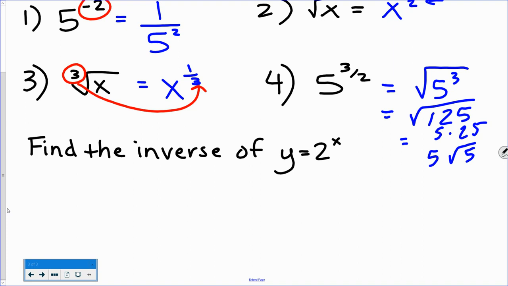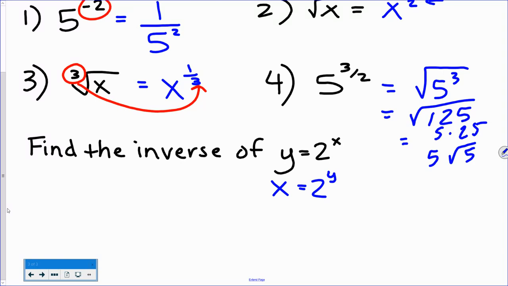We talked about that would mean I would switch my inputs and outputs, and then I would solve for y. Is there a way to solve and get the exponent? I would have some students that would say, oh, you divide by 2. I can't divide by 2 because of that exponent of y. I'd have to take the exponent first before I could divide. So there isn't really anything to do except to use another type of function to undo it.